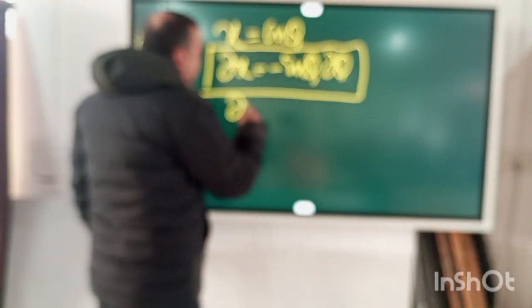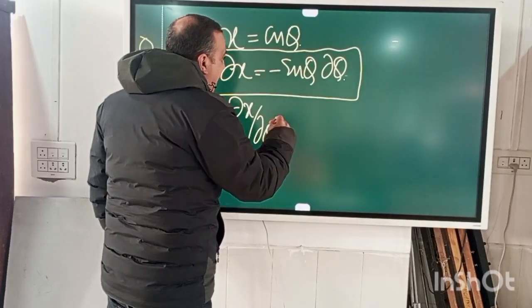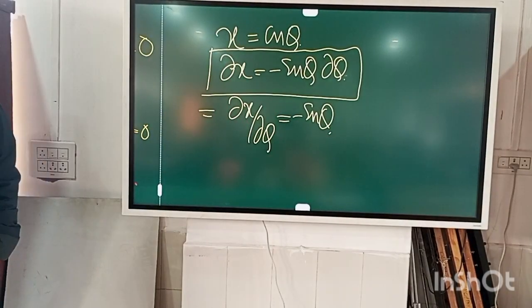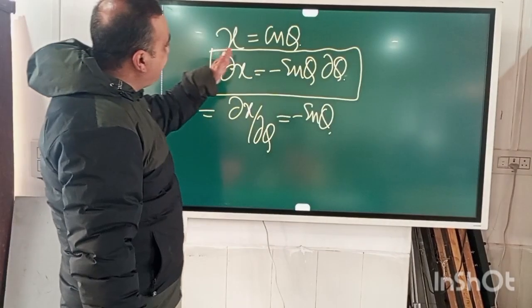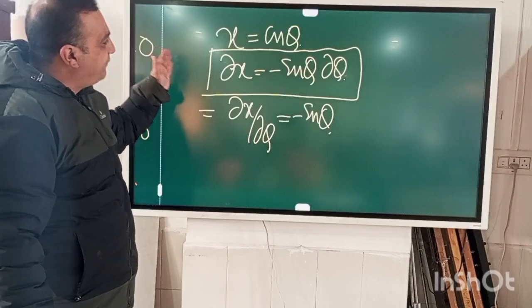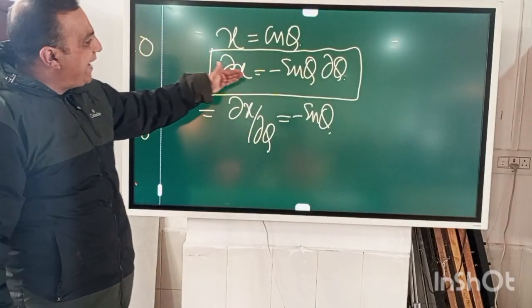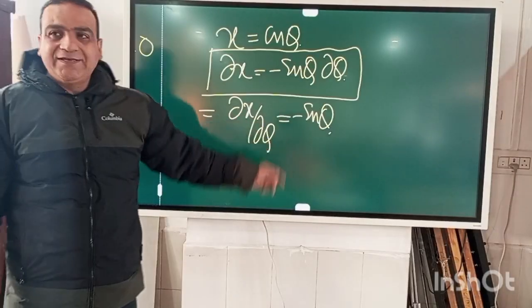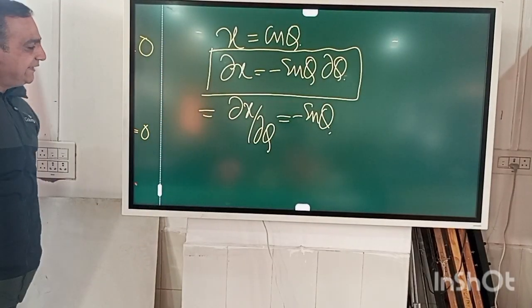It means dou x by dou theta is minus sine theta. I started with x equal to cos theta, took its derivative, and got dou x is minus sine theta dou theta, so dou x by dou theta gives us minus sine theta.